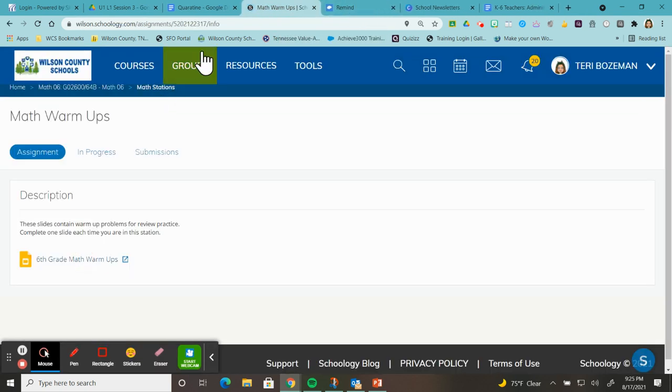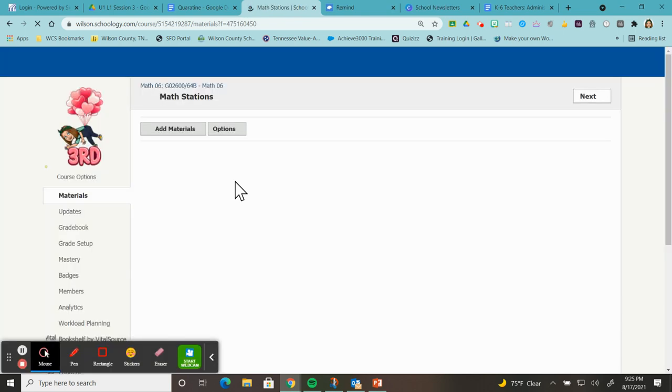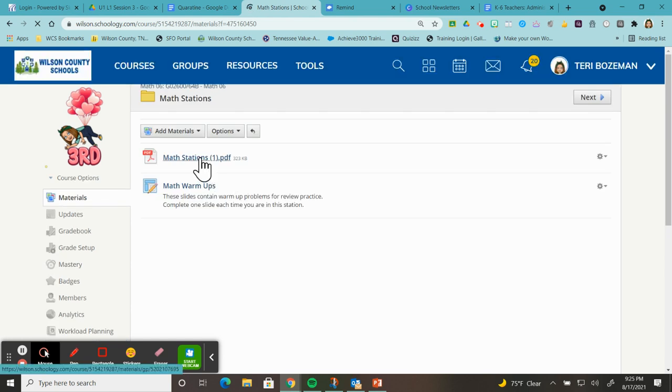The Blooket and the Nearpod are both linked in that PDF where we had the center rotations. So all you would have to do is go to that and click on those links.